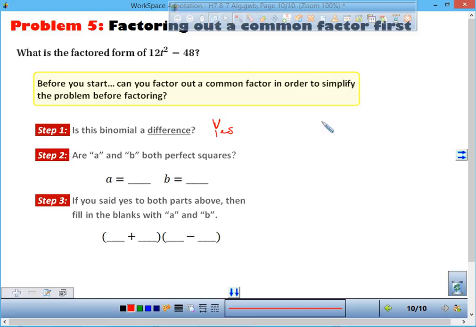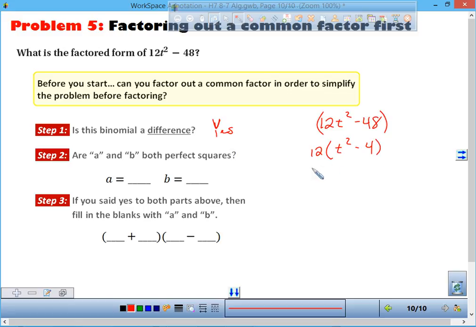Okay, so if I have 12t squared minus 48, a GCF of that, the highest number we can take out of 12 and 48, would be 12. Okay, and that leaves me with t squared minus 4.